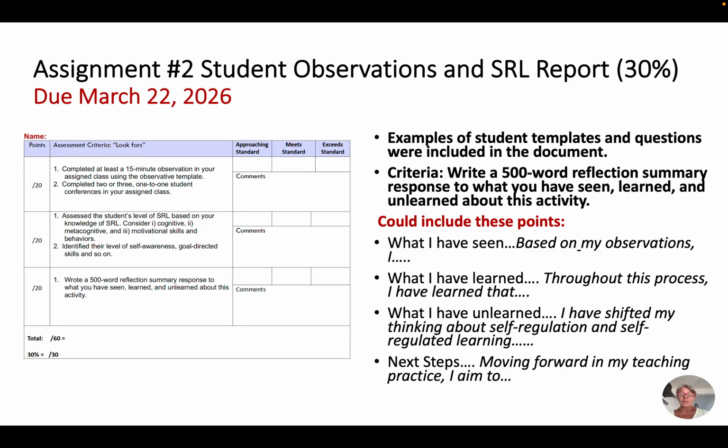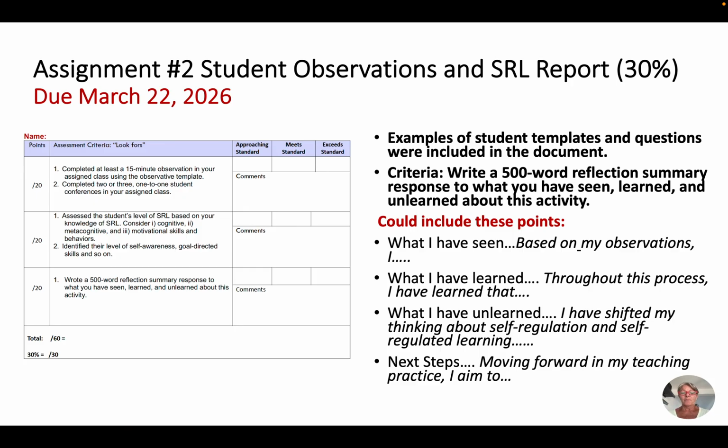So be sure that whatever it is that you're observing, based on a curriculum outcome or whatever the teacher is teaching, the questions match what you're asking. And then a critical reflection at the end, for which I've included some points of things that you can ask yourself and answer.